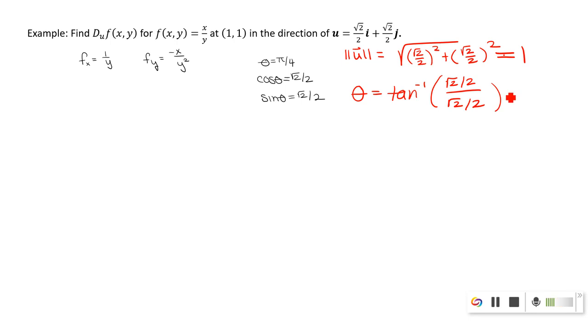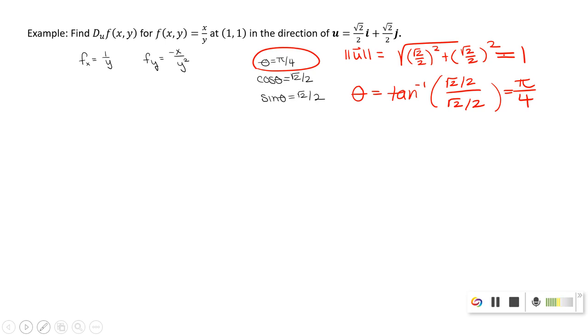Inverse tangent of 1 is pi over 4. I know my direction angle is pi over 4 as well, because both those components are positive. That vector is in quadrant 1 if we start it at the origin.